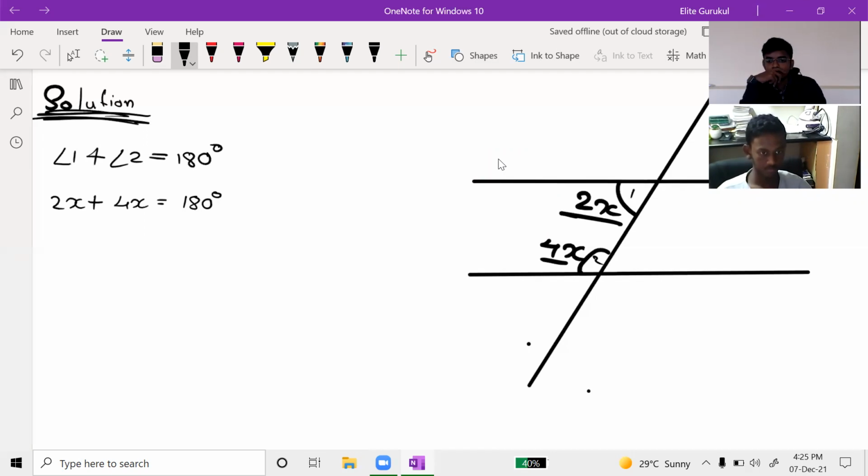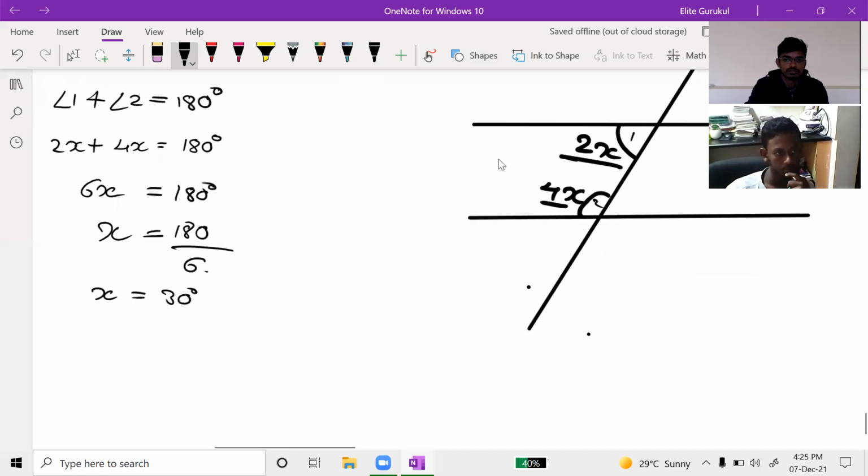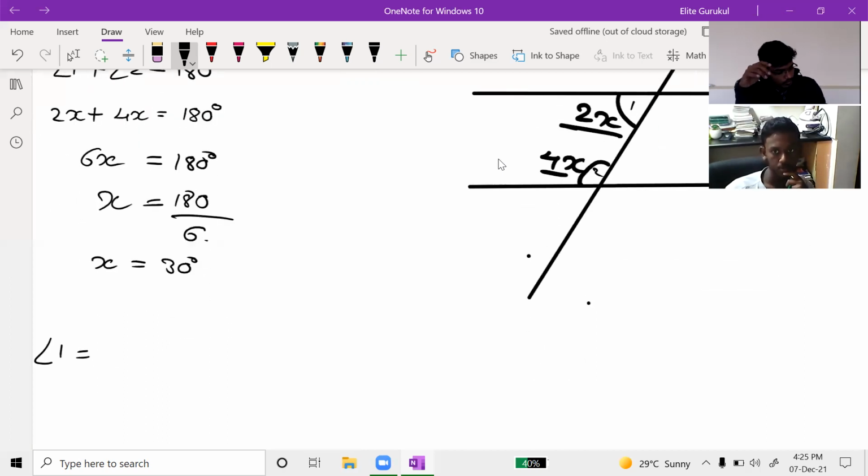2x plus 4x, 6x. 6x is equal to 180 degree. Yes or no? Now what will be the value of x? x is equal to 180 divided by 6. What will be the answer? x will be 30 degree. Any doubt? Now let us find angle 1, which is 2x.